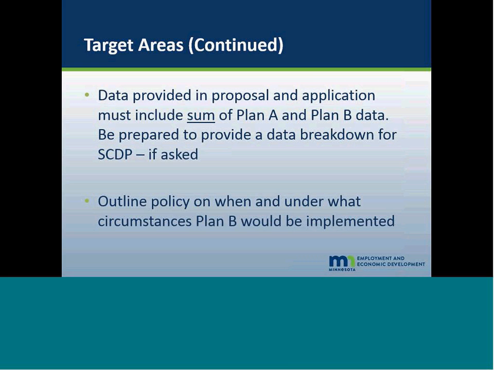Plan B is a secondary target area. It's not the primary target area. And we're going to want you to outline when to start entertaining a Plan B area, at 12 months into the project, or 15 months, and what marketing efforts are going to be exhausted in the primary area before you move to the Plan B area.